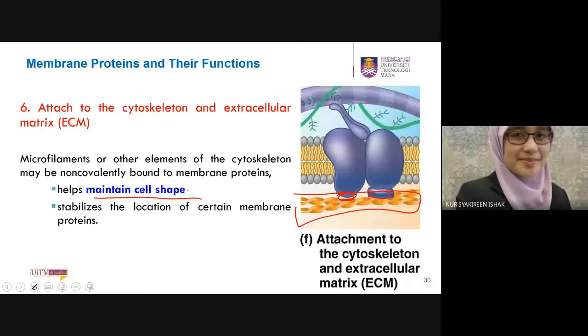Especially this one only applies to animal cells, okay. It stabilizes the location of certain membrane protein. So dia juga menstabilkan protein tu daripada bergerak terlebih, kan. So this is to stabilize the location of the membrane protein.